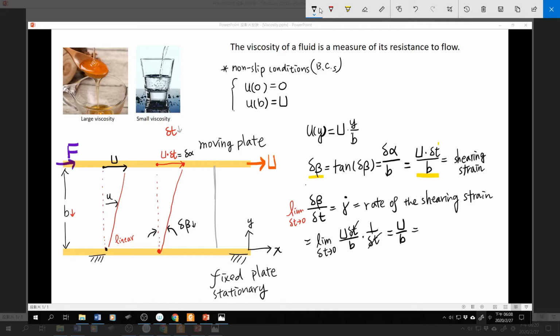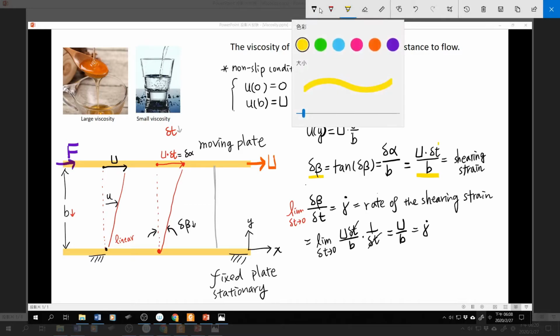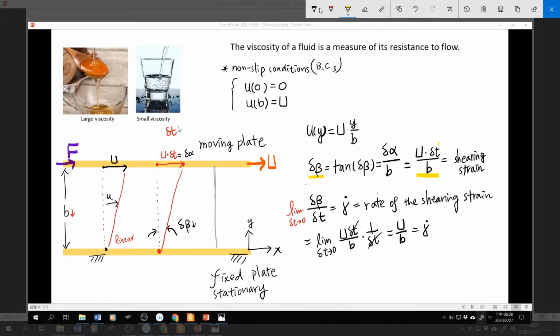This is the rate of the shearing strain. Maybe I highlight it a little bit. So we now know the rate of the shearing strain.